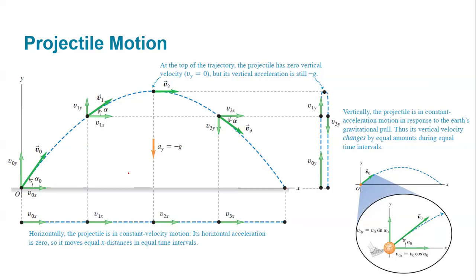Because it is accelerating in the y component, the velocity changes. However, since the acceleration in the x component is 0, our velocity is constant along x. So the x component of your initial velocity is equal to the x component of your velocity at any point in the path.